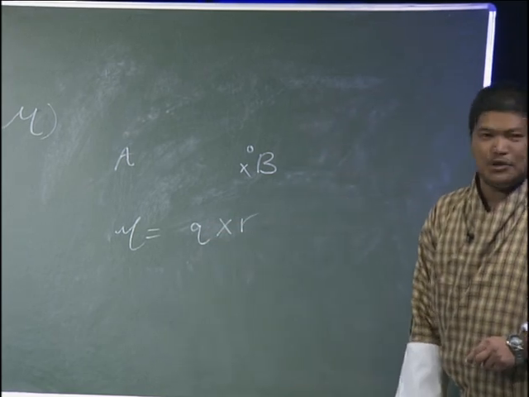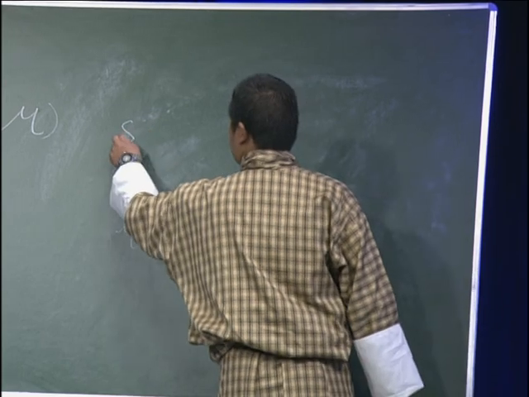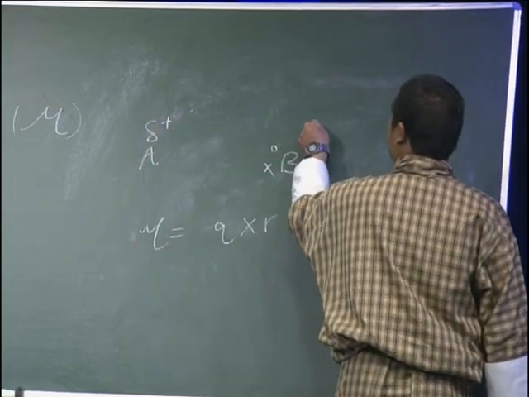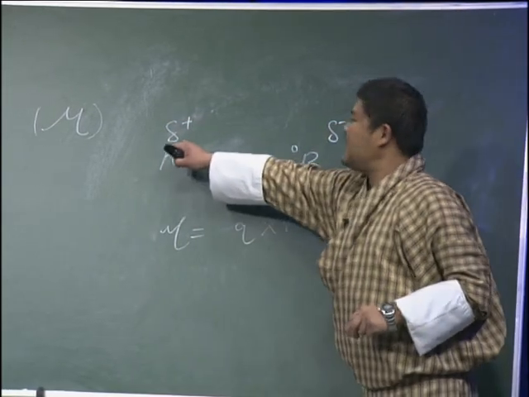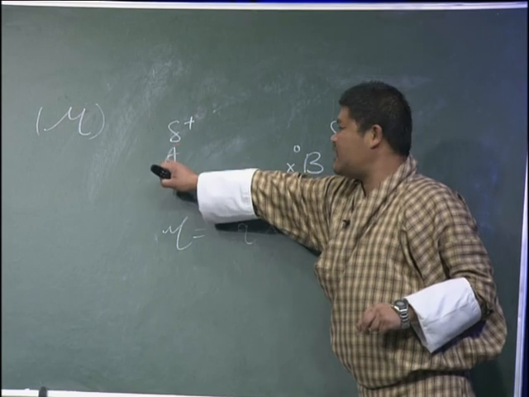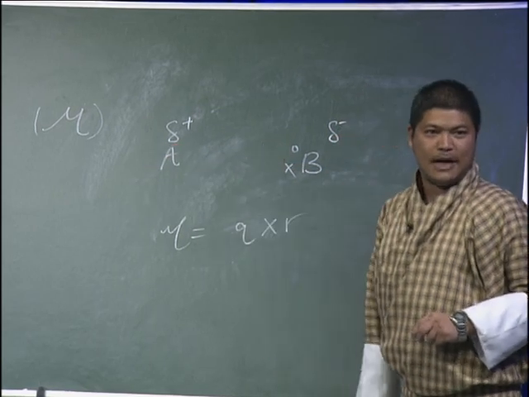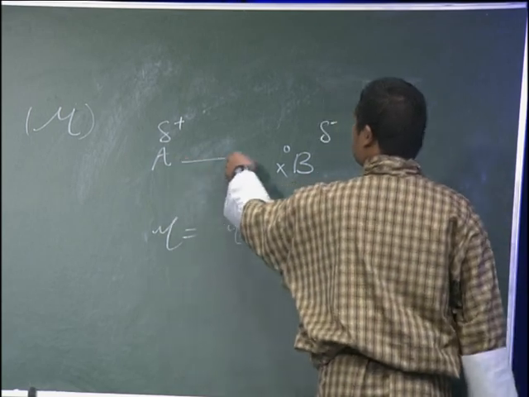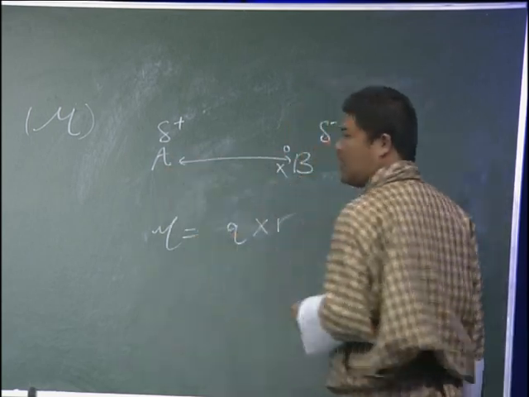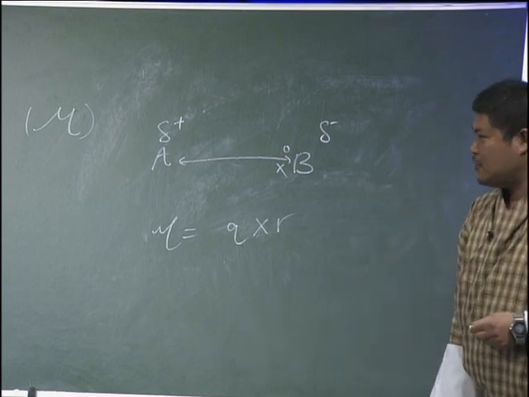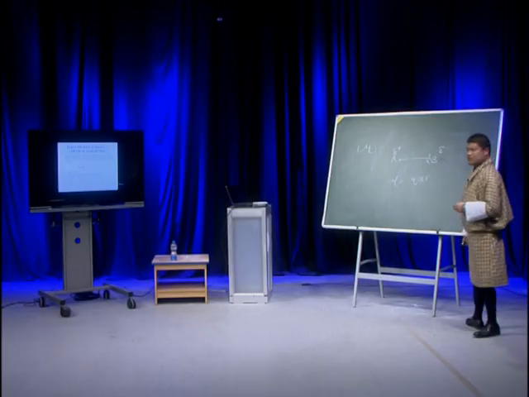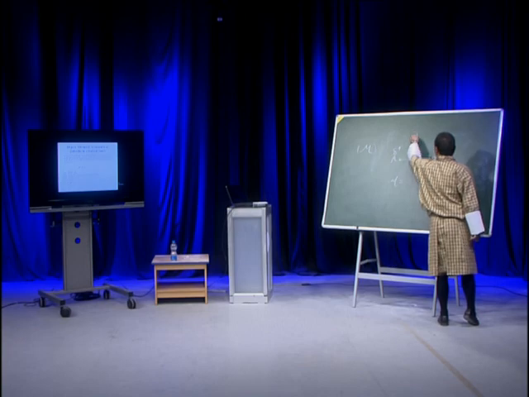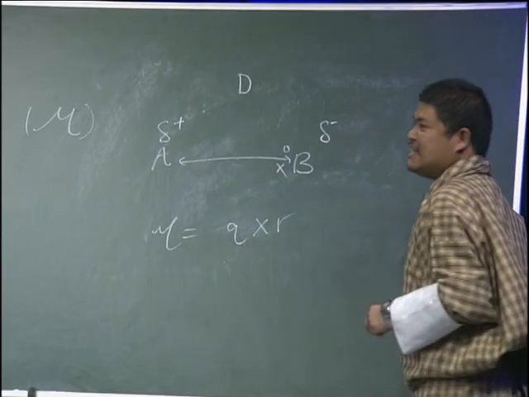The magnitude of charge, here delta plus and here delta minus. The charge on either A or B can be taken for the calculation of dipole moment. And what is R? R is the distance between the two atoms. The unit is debye, which is represented by capital letter D.